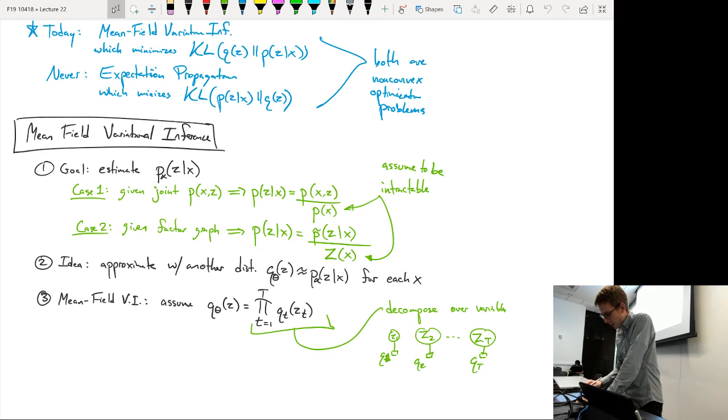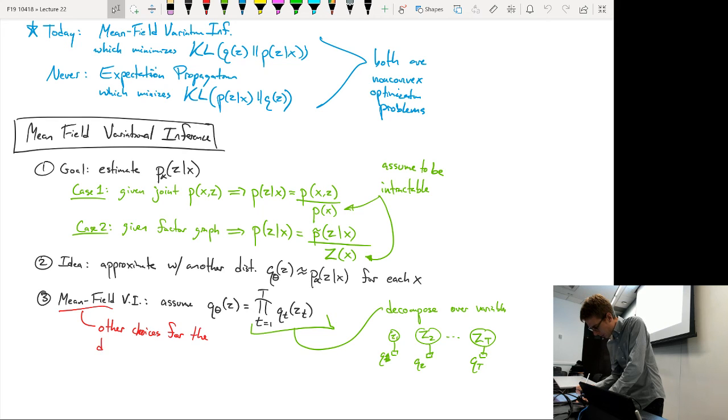Now, it's important to note here that we could actually choose a different decomposition, and other choices for the decomposition of Q give rise to what's called structured mean field.